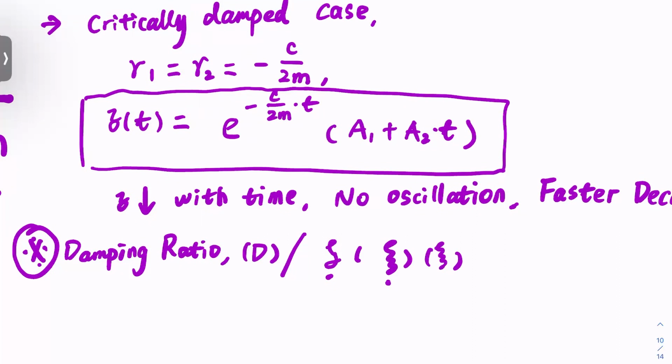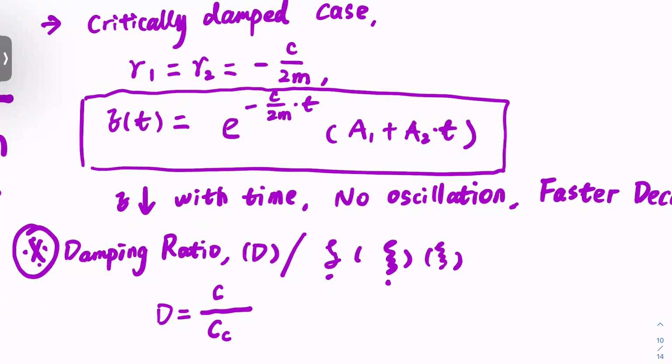So we define damping ratio as the viscous coefficient over the critical coefficient.